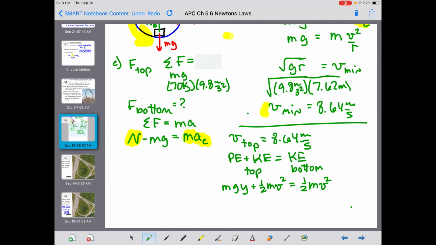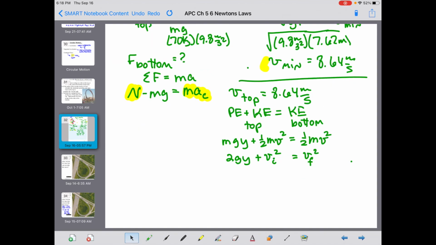Your mass divides out, and we're going to get this final velocity squared. I'm going to multiply the whole equation by 2, equals 2gy plus the initial velocity squared, which is your motion equation, vf squared equals vi squared plus 2a delta y. So we can approximate what your velocity is at the bottom.